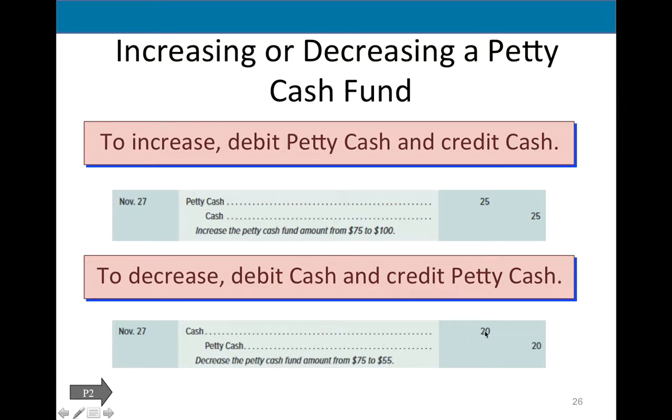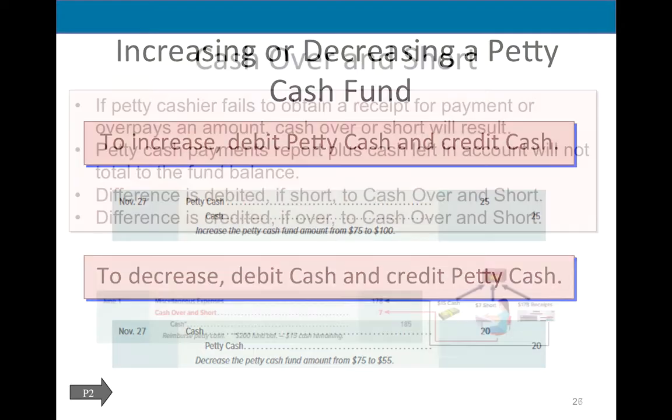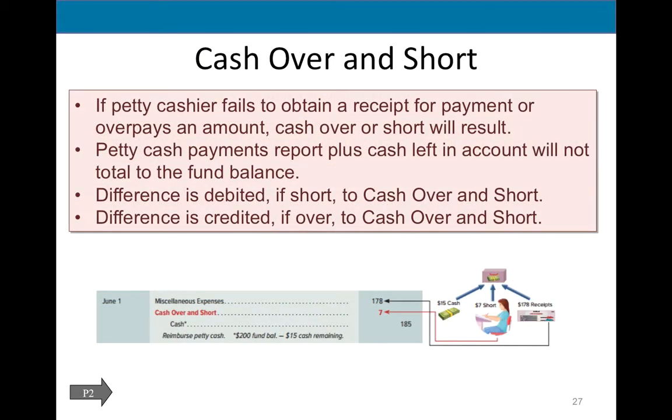So that's what we do: we debit cash, credit petty cash fund. Again, you impact petty cash only when you establish the account, and then only if you decide to increase or decrease the maximum amount. Every time you reimburse yourself, there is no petty cash fund impacted. As I mentioned, sometimes we might fall short or over when we reimburse our petty cash fund, and that's when we use our cash short or over account.